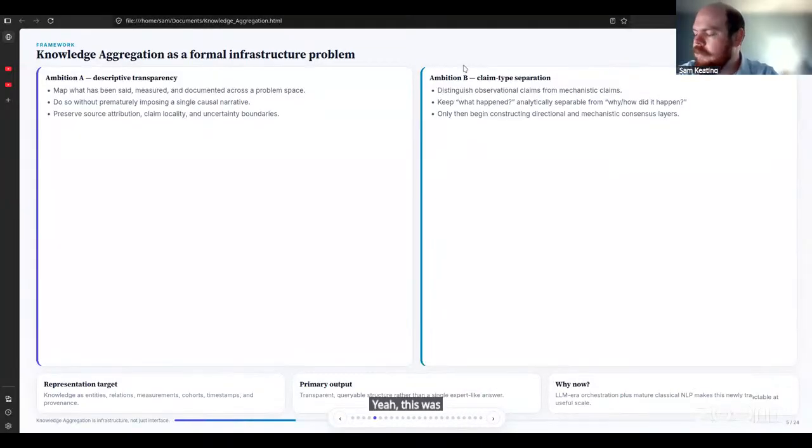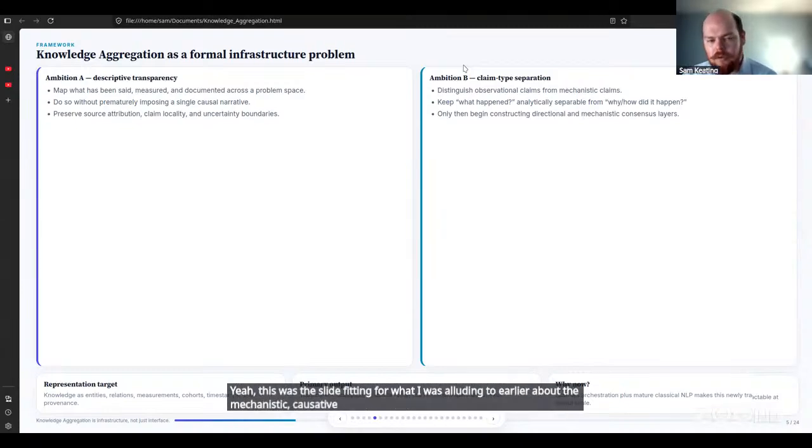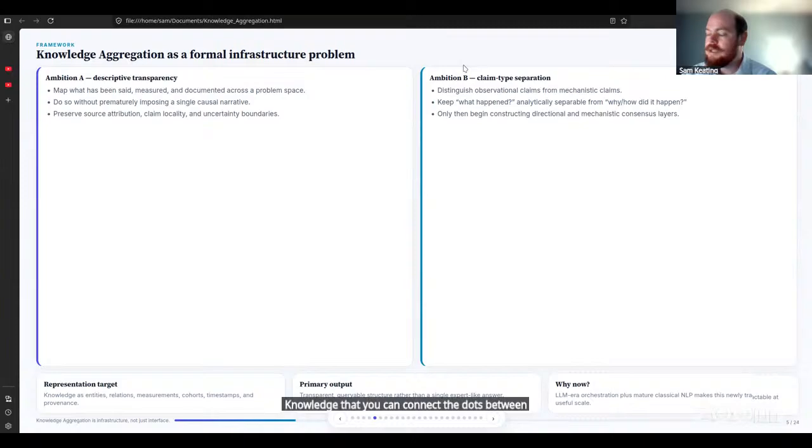Slide fitting for what I was alluding to earlier about the mechanistic, causative, logical, or truthful knowledge that you can connect the dots between, versus just mapping out the transparency of what corroborates other knowledge, what has agreement or clusters together.